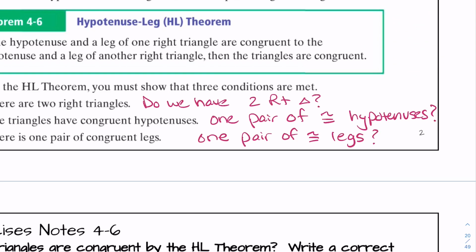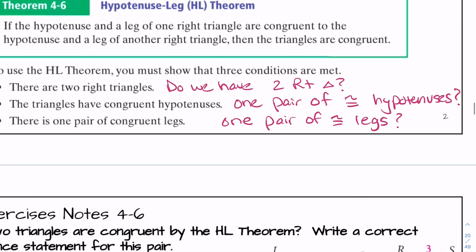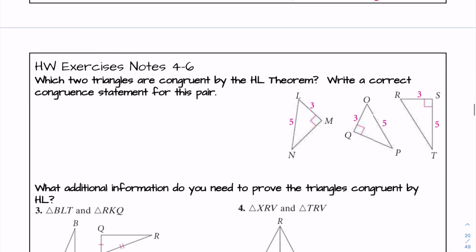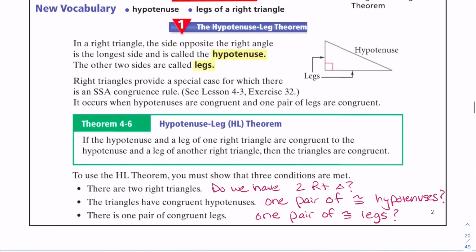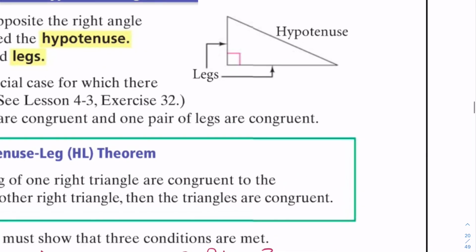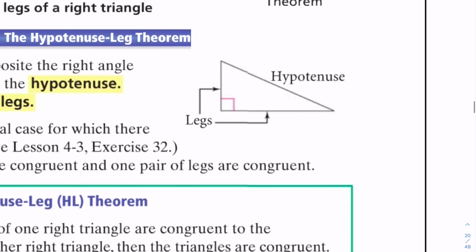So I just said: legs, hypotenuse, right angle. And if so, then we have the theorem. So, which two triangles are congruent by HL? And that's it. So let me draw an example. I'm going to copy this over and throw a right angle right here.